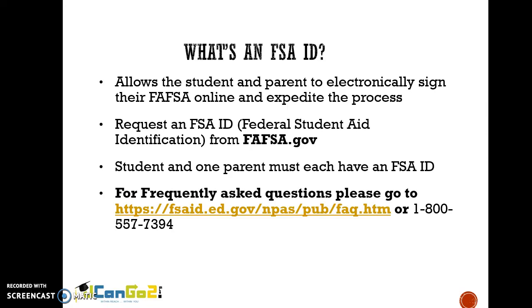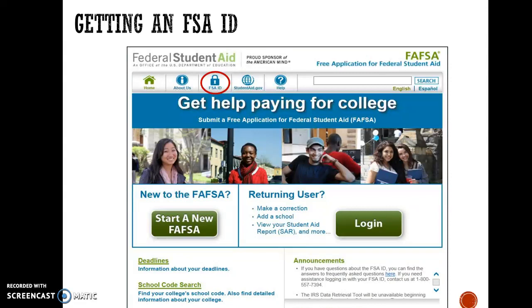A student and one parent, only one parent, must each have an ID. So you would have a separate ID than your mother or father. So both of you will have a totally different ID, which means that you have to apply and your parent must apply. So again, you would go to the FAFSA.gov site.